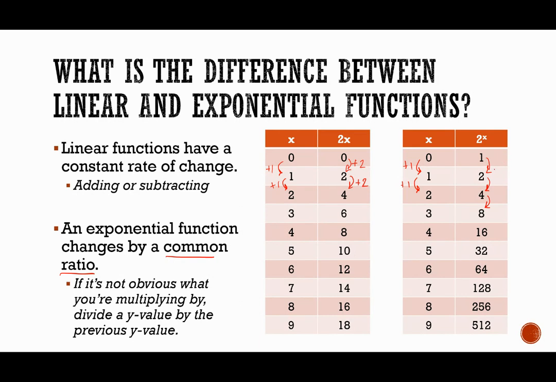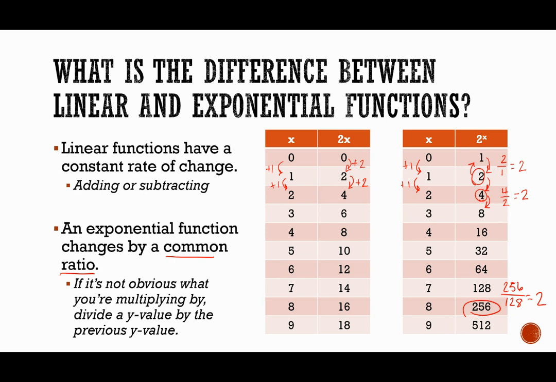So what I'm going to do is divide my y value by my previous y value, 2 divided by 1 equals 2. If I divide 4 by the previous y value, 2, I still get 2. And that's going to hold true for any pair of y values. So 256, for example, divided by 128 is also 2. So 2 is my common ratio.